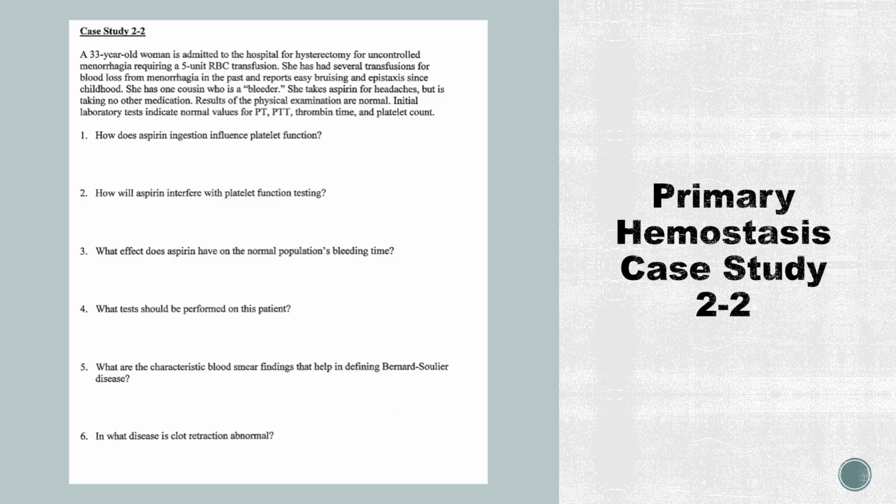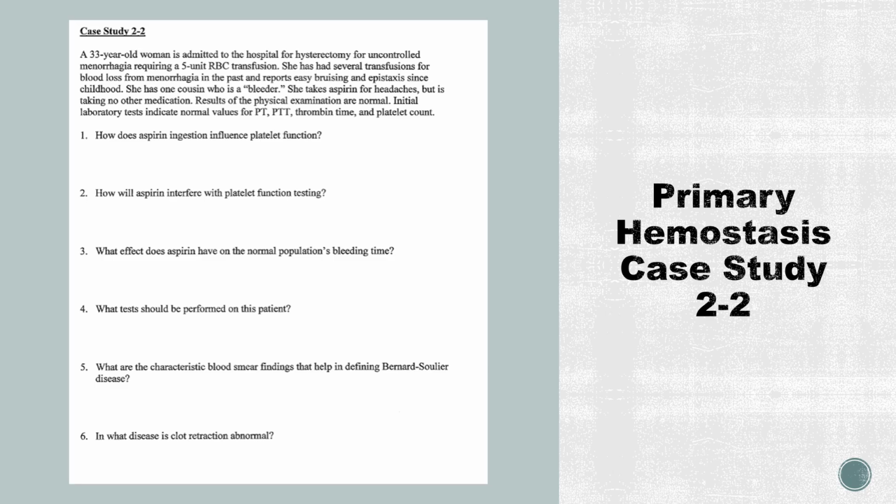All right. Case study 2-2, a 33-year-old woman is admitted to the hospital for hysterectomy for uncontrolled menorrhagia, requiring a 5-unit RBC transfusion. She has had several transfusions for blood loss from menorrhagia in the past and reports easy bruising, epistaxis since childhood, so she's getting nosebleeds.